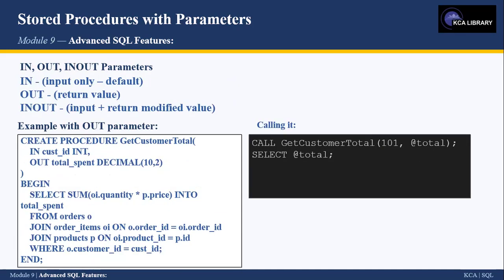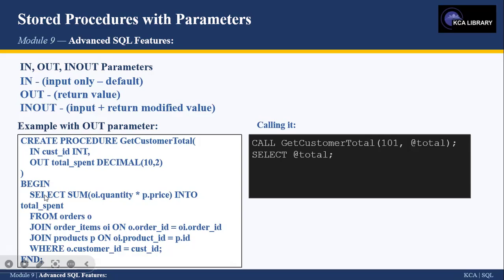Stored procedures with parameters. Stored procedures become even more powerful when you use parameters. There are three types: IN, input only; OUT, returns a value; INOUT, both input and output. Here is an example. Create procedure GetCustomerTotal, IN customer ID, OUT total spent.